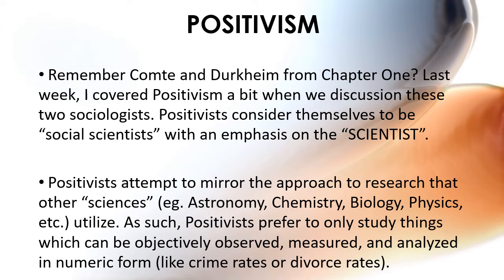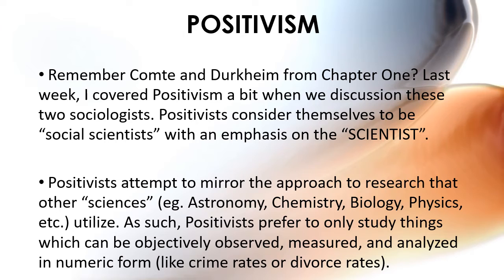So positivists attempt to mirror the approach to research that other sciences utilize, like astronomy or chemistry or biology or physics. So they're trying to be as reputable as they can be alongside the other more established sciences.